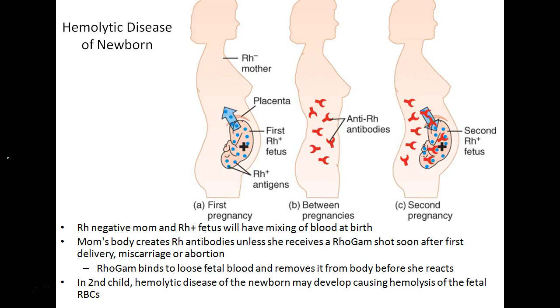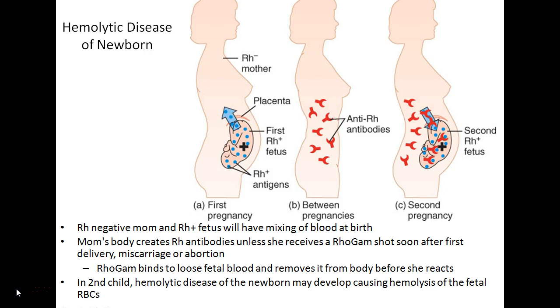Let's talk now about hemolytic disease of the newborn. This relates to blood grouping and how there can be a normal situation and an unfortunate homeostatic imbalance in the second pregnancy. This only refers to pregnancy or giving birth.